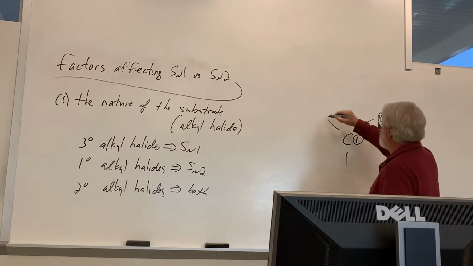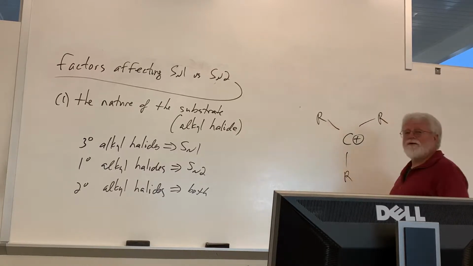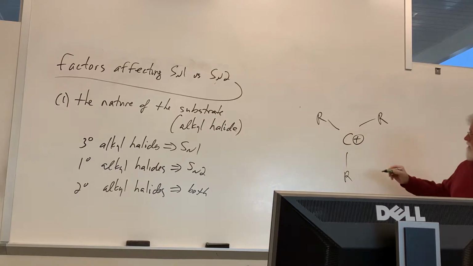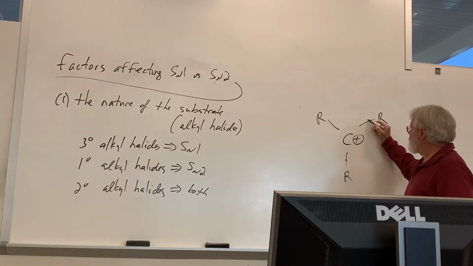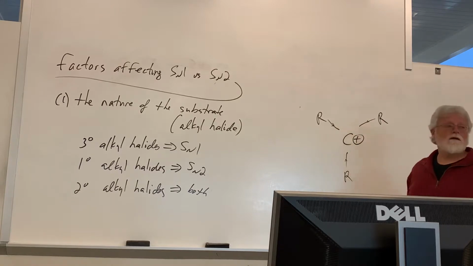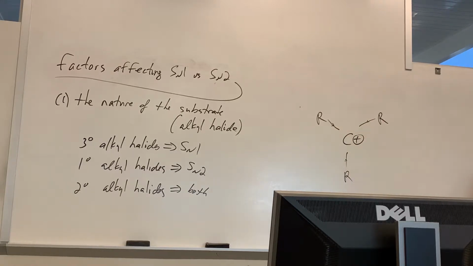Having alkyl groups here, rather than hydrogens, these guys are relatively electron releasing, which is the way organic chemists usually phrase it. Alkyl groups are electron releasing. But to say the exact same thing is to say that they're less electronegative than hydrogen. Just flipping that around, they're more electron releasing than hydrogen.